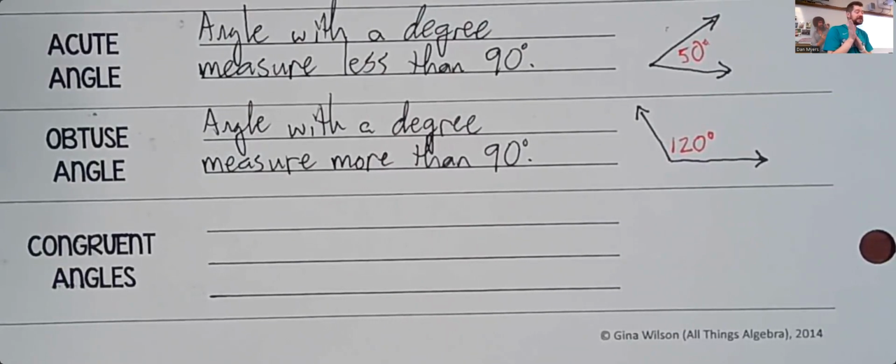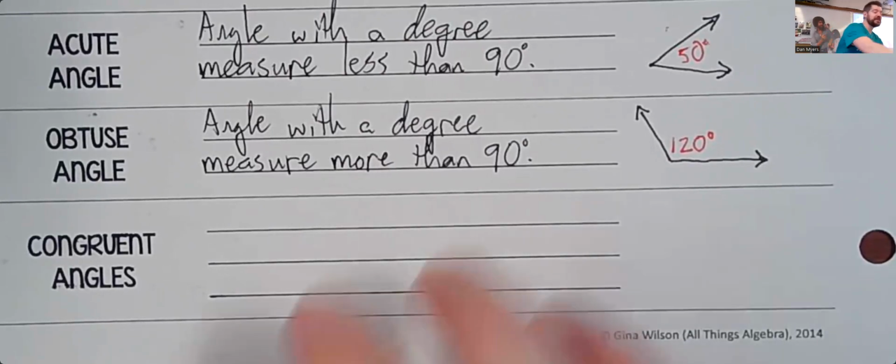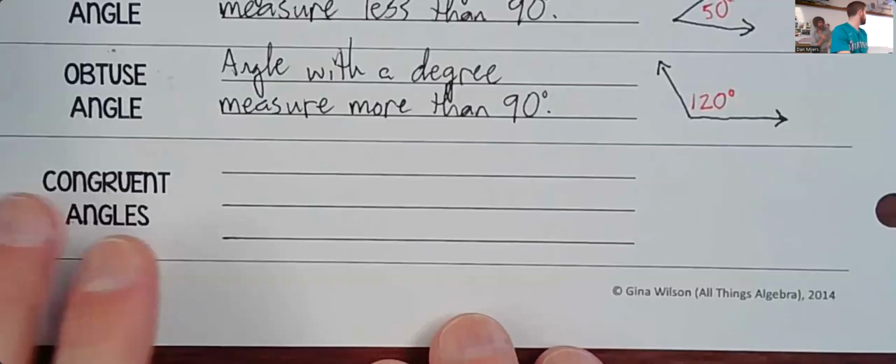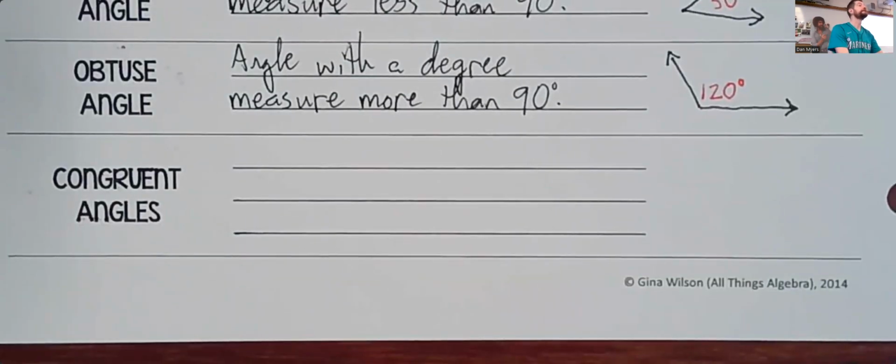Okay, let's go to the next one, congruent angles. Now, we have a definition of congruent segments already. So based on our definition of congruent segments, what do you think congruent angles will mean? Same angle, yeah. So angles that have the same measure.